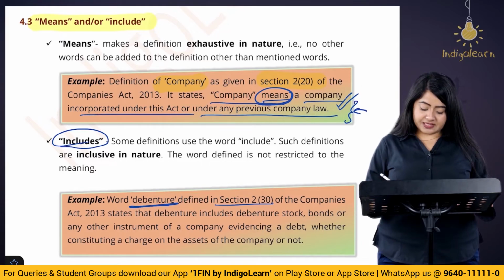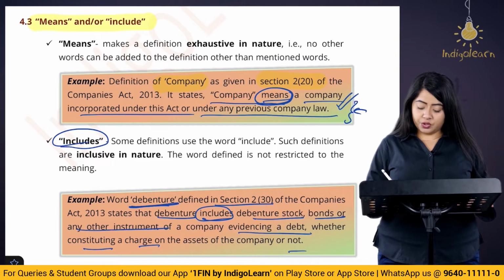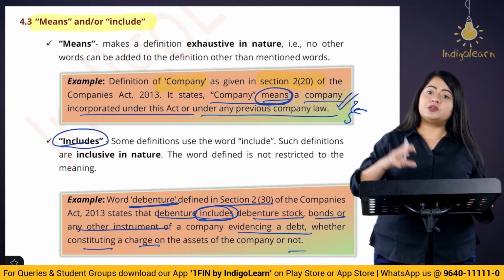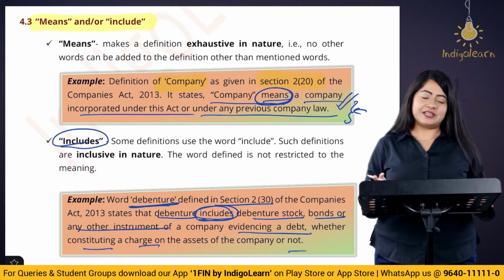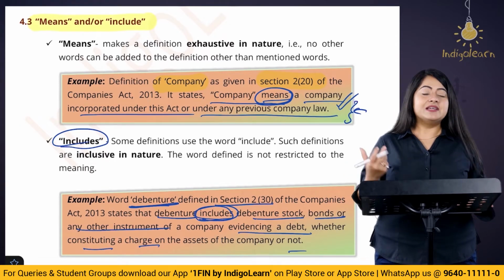The definition reads as follows: debenture includes debenture stock, bonds or any other instruments of the company evidencing a debt, whether constituting a charge on the assets or not. So here the word includes is used. That means it includes stocks, bonds, other instruments, and it can also include additional items of similar nature, which are of the nature of a loan. Okay, so they will all be considered as debentures.